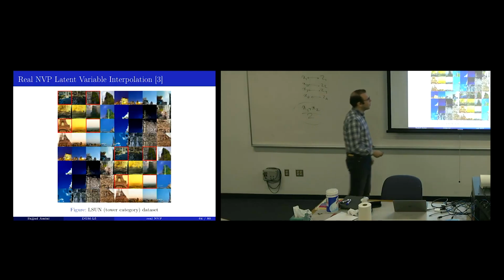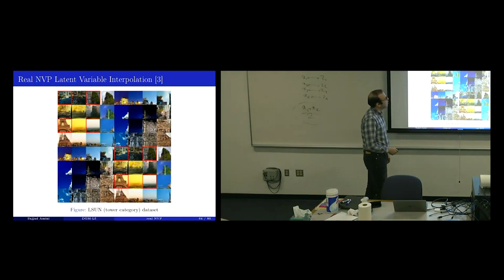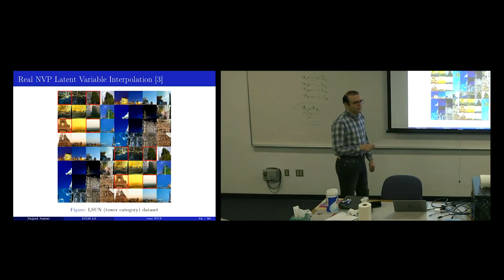Yes? On that grid, which squares are from the image itself and which ones are generated? Yeah, the ones with the red rectangle, with the red sign, these 4 are from your data set, and all other images are generated. It means that they are interpolated first, then the resulting Z is passed through a forward transformation, and you have the image here.